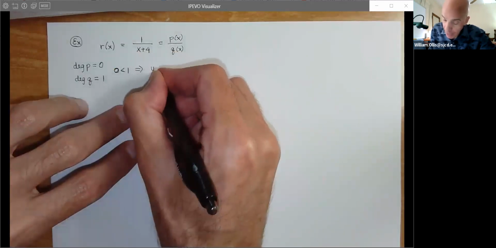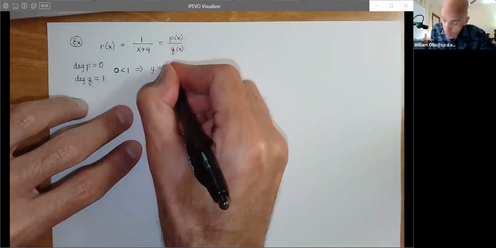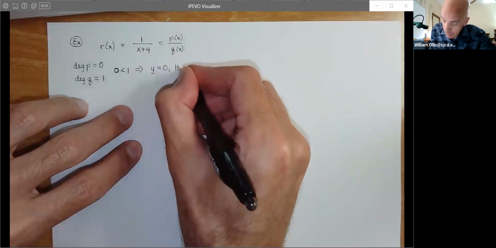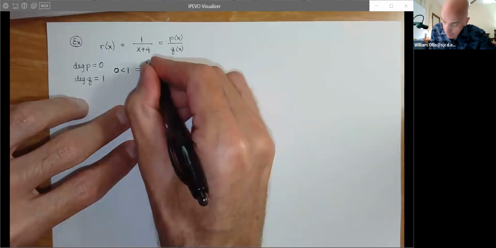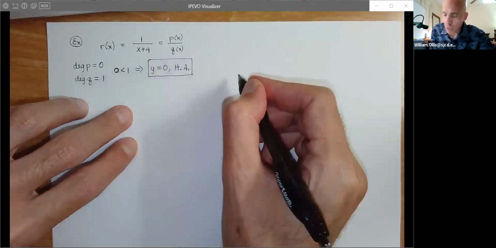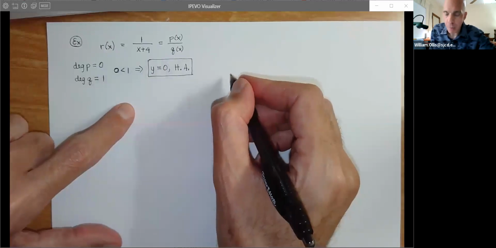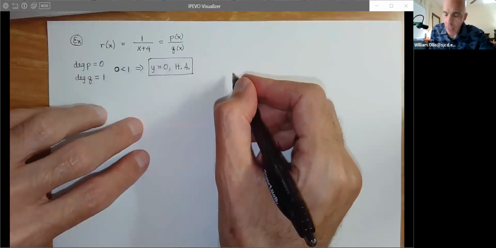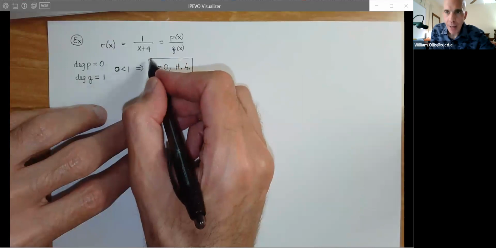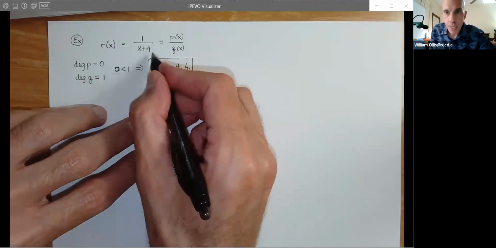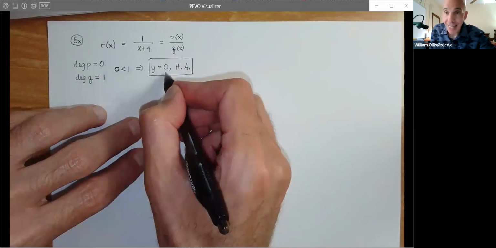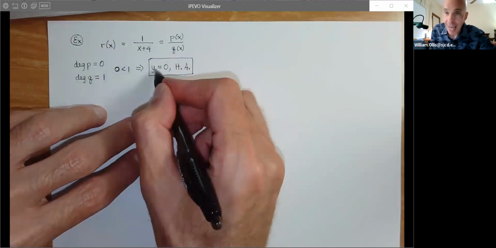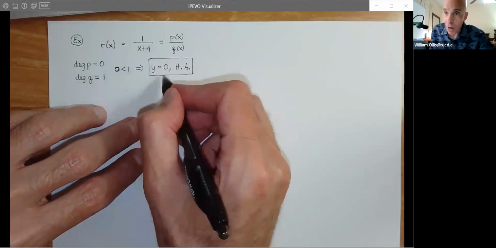We have y equals 0 is the HA, the horizontal asymptote. Usually I'll just list these and we'll go through them. But it's important to analyze what you have and say, even in this simple case, we know we have a horizontal asymptote and it is the x-axis. That is, the line equation is y equals 0.